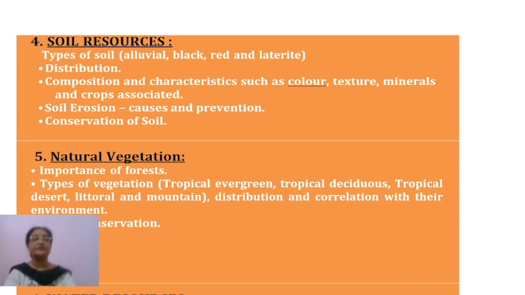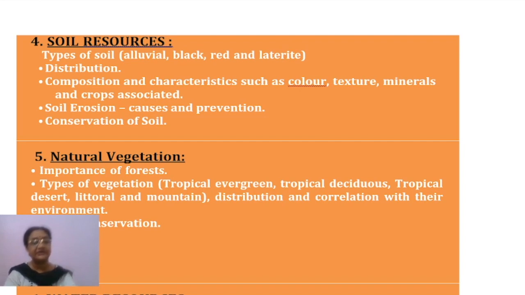Then composition and characteristics such as color, texture, minerals and crops associated with each type of soil, right? Besides this, the two major topics, soil erosion and soil conservation: soil erosion, its causes and prevention, and conservation of soil and the different methods we use. So all these things are in the syllabus, and you have to cover the entire chapter.